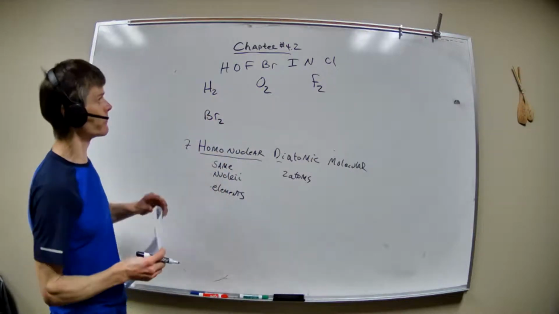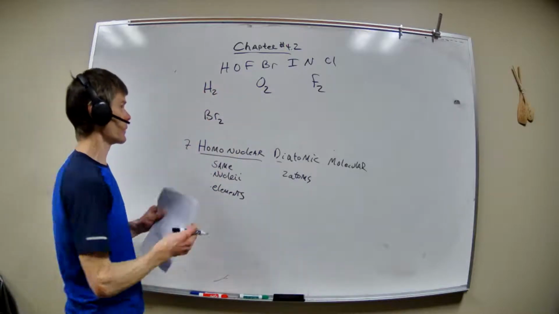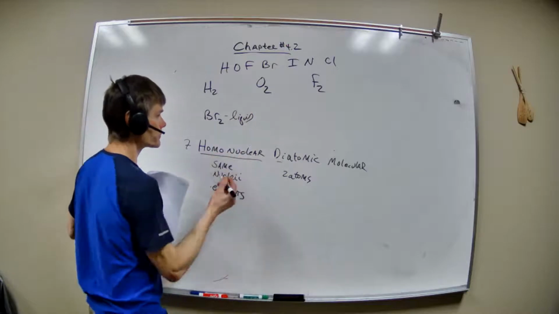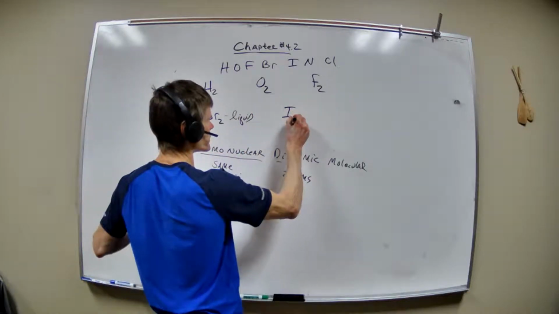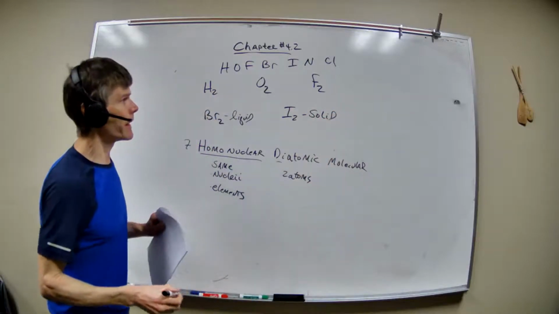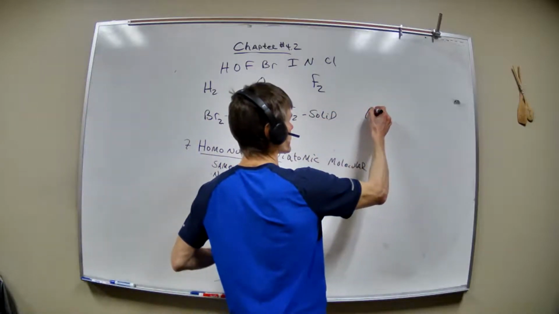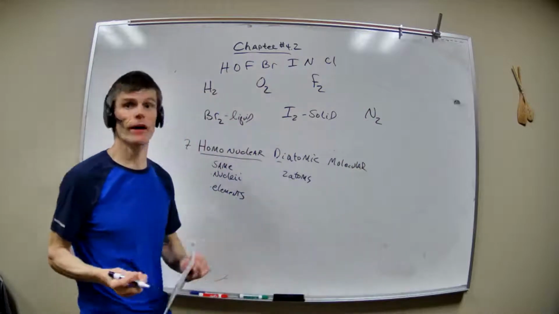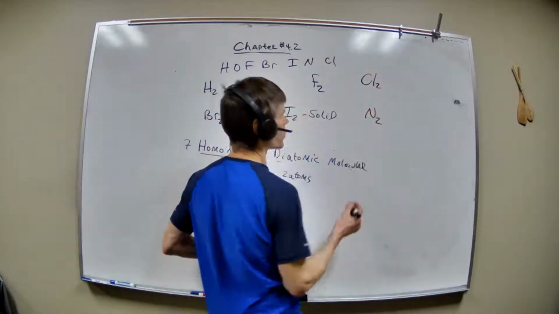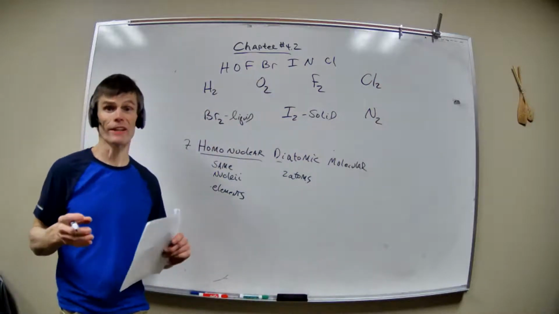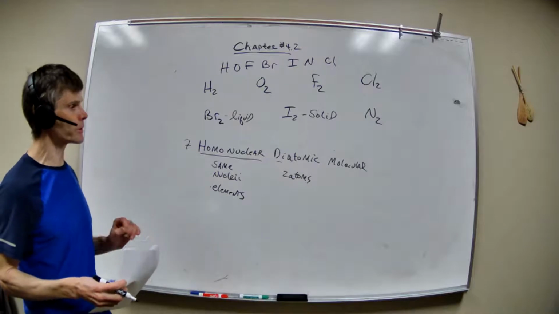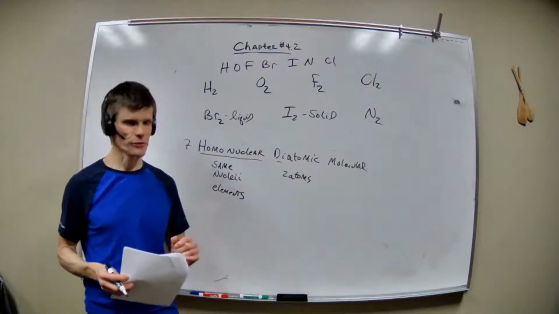Bromine is one of the few of these that exist as a liquid. Iodine, it's another exception. It exists as a solid. N is nitrogen. It exists as a gas. Cl, chlorine. It also exists as a gas. So these are our 7 homonuclear diatomic molecules.